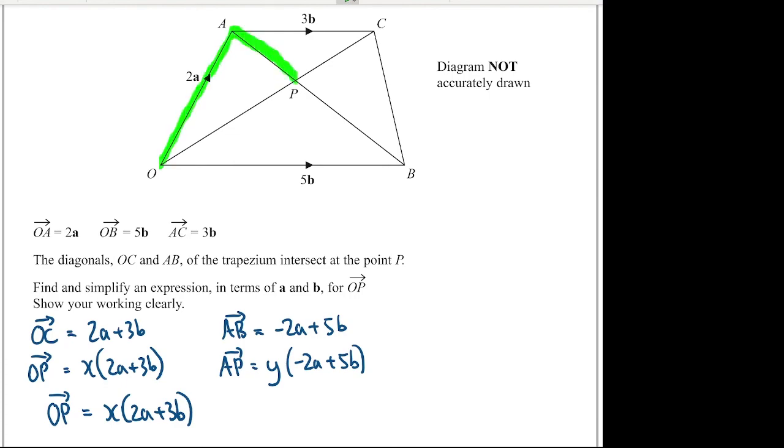Well, yes, there is. I know that O to P is also equal to 2a plus A to P, which I know is y(minus 2a plus 5b).